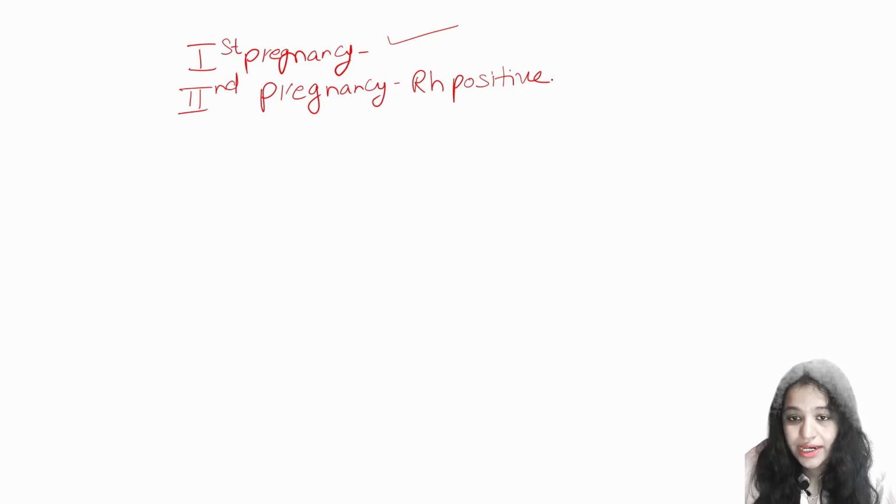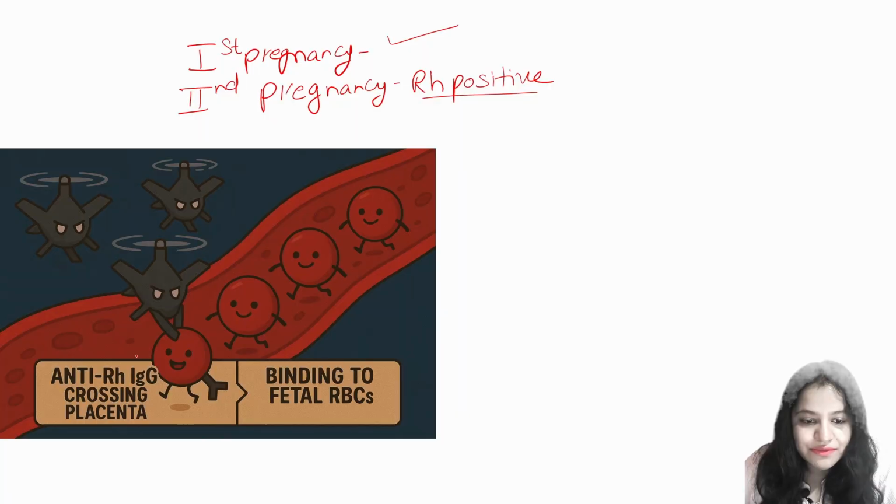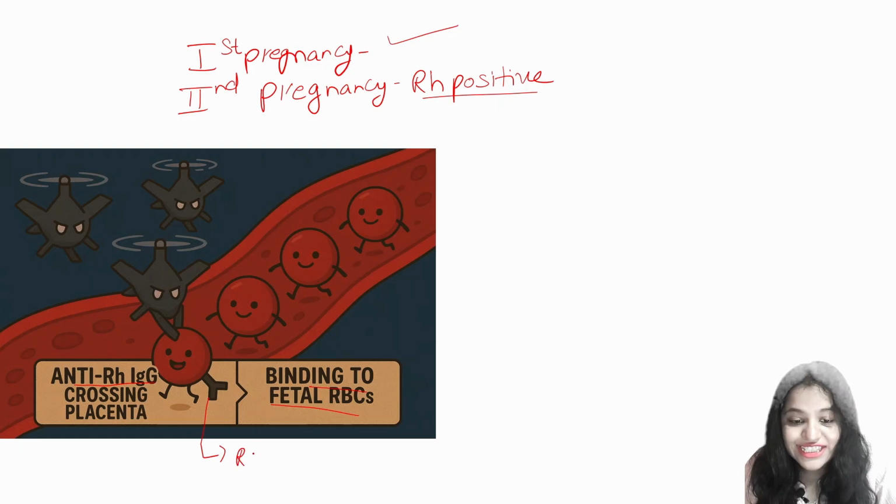Okay. Now, what will happen? These sneaky antibodies which are present in the mother's circulation, these antibodies will cross the placenta. This anti-RH IgG antibody crosses the placenta and binds to the fetal RBC having the RH factor or RH antigen. Understood?